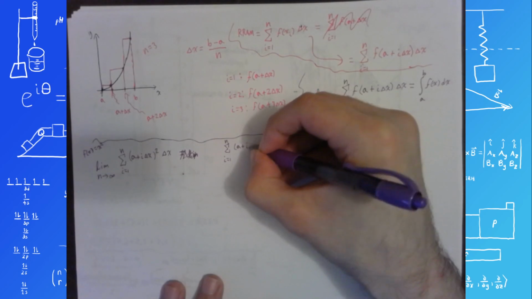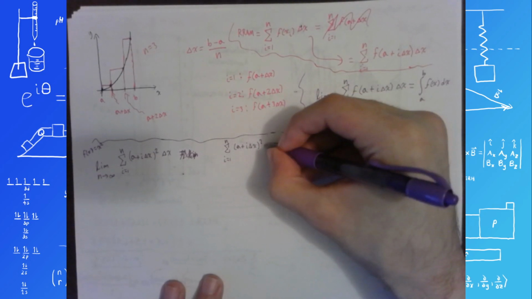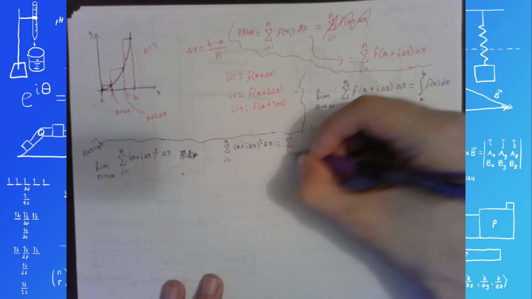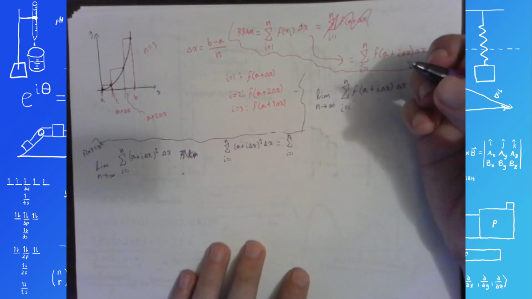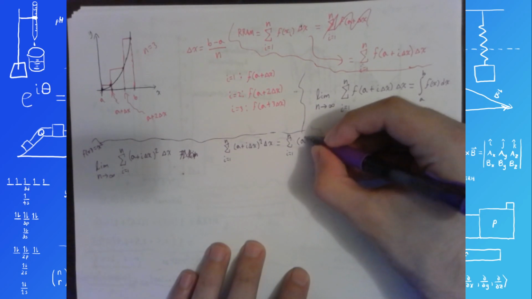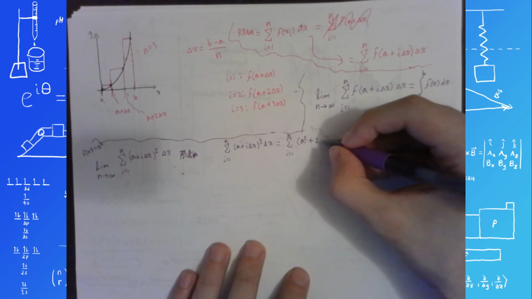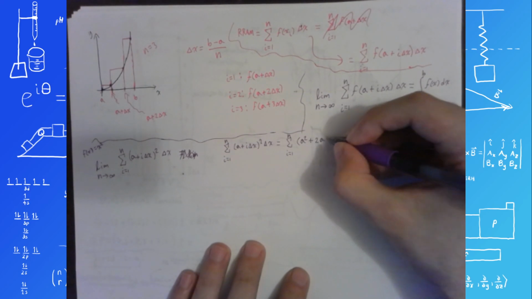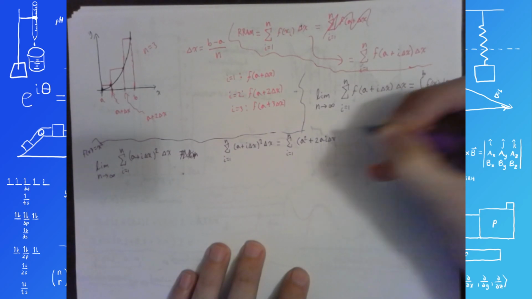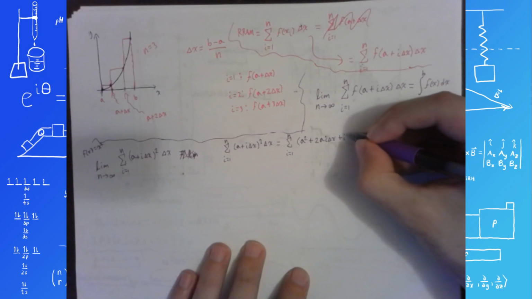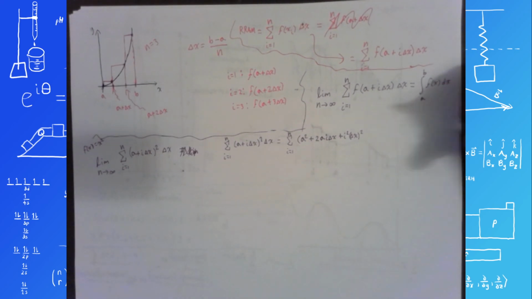A plus i delta x quantity squared times delta x is equal to the sum from 1 to n of, if I FOIL this, I get a squared plus 2a i delta x plus, I guess that would be i squared delta x squared, and I'm going to put the delta x in parentheses when you square it, because technically without the parentheses it means something else.